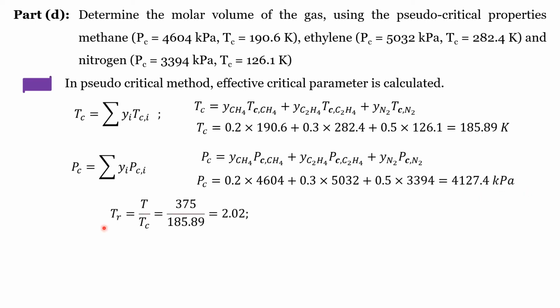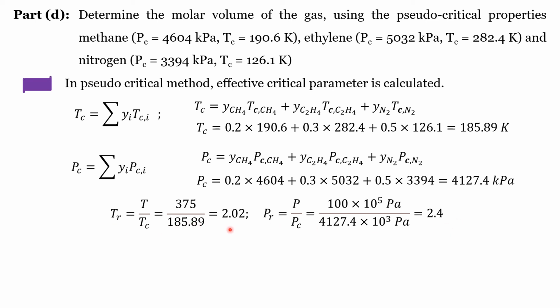Now we can estimate the reduced parameters. So T reduced can be written as T by Tc. Here T is given in the problem, that is the temperature of gas mixture, and we have estimated the critical temperature for gas mixture. We can estimate the reduced pressure. So reduced pressure will come out as 2.4.